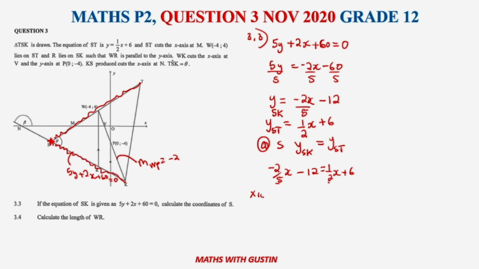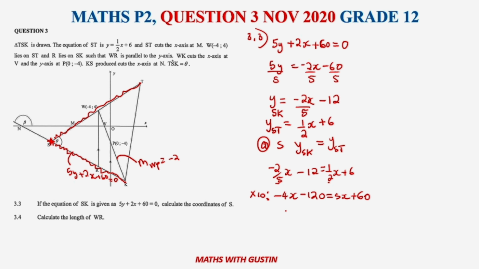We can multiply throughout by 10 to avoid having a fraction. So 10 times -2/5 x is going to give us -4x, and 12 times 10 is 120, is equal to half times 10, which gives us 5x, plus 6 times 10, which is 60. Therefore, we are going to take all the x's to the one side and all the numbers to the other side.